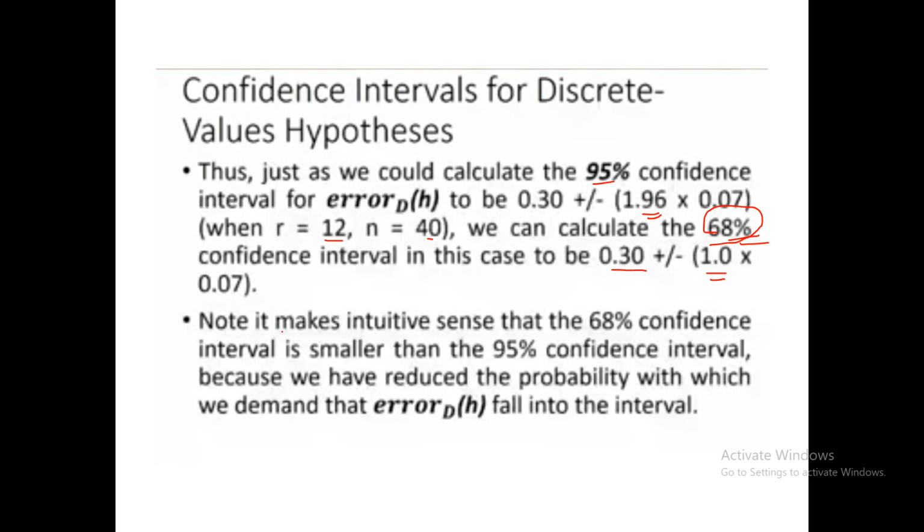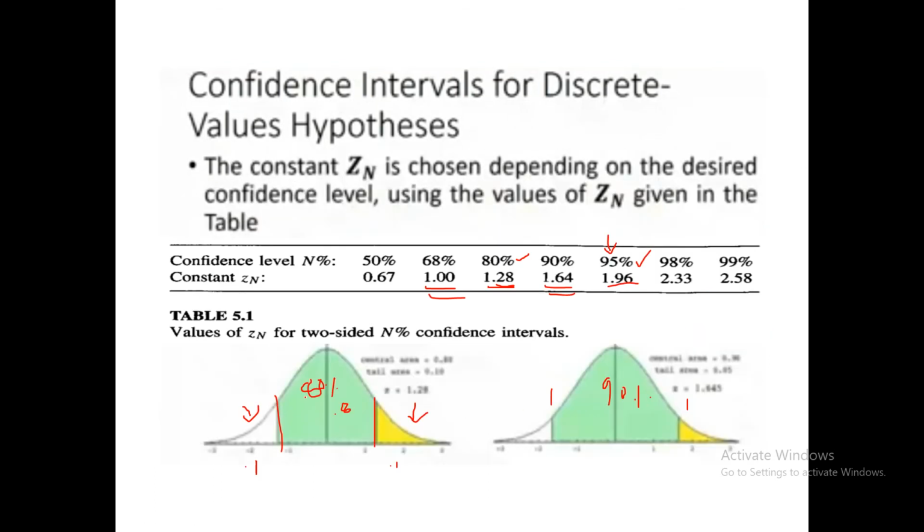Note that it makes intuitive sense that the 68% confidence interval is smaller than the 95% confidence interval, because when you go for 68%, your area becomes less and less. You can see here 80% means this. When you go for 68%, you are going to have still less area, right?